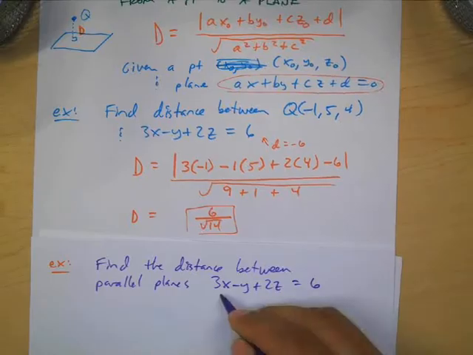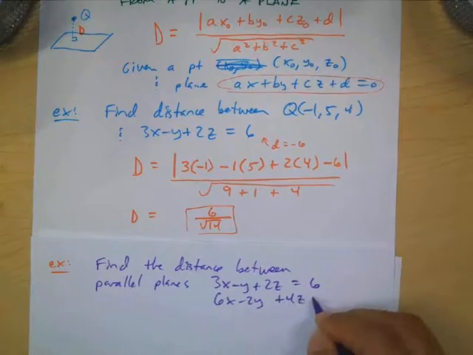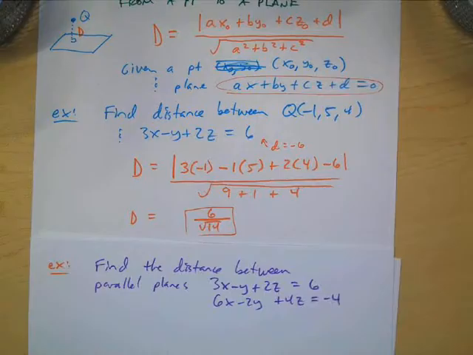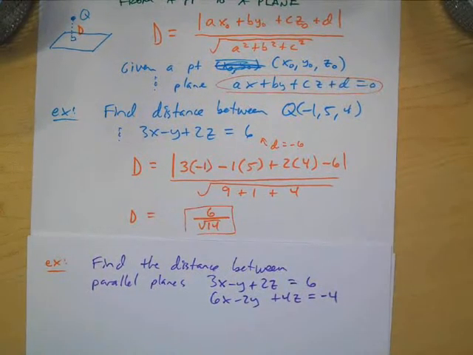And let's do 6x minus 2y plus 4z equals negative 4. Okay, so obviously these are parallel.